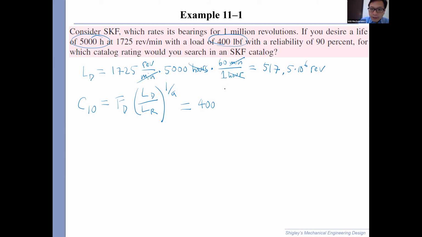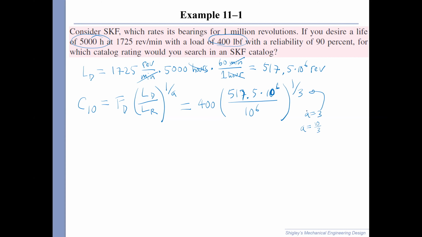So 400 multiplied by LD, which we calculated here, 517.5 times 10 to the 6, divided by LR, which is 1 times 10 to the 6, 1 million, to the power of 1 over A, and A is equal to 3 for a ball bearing. It's 10 over 3 for roller.